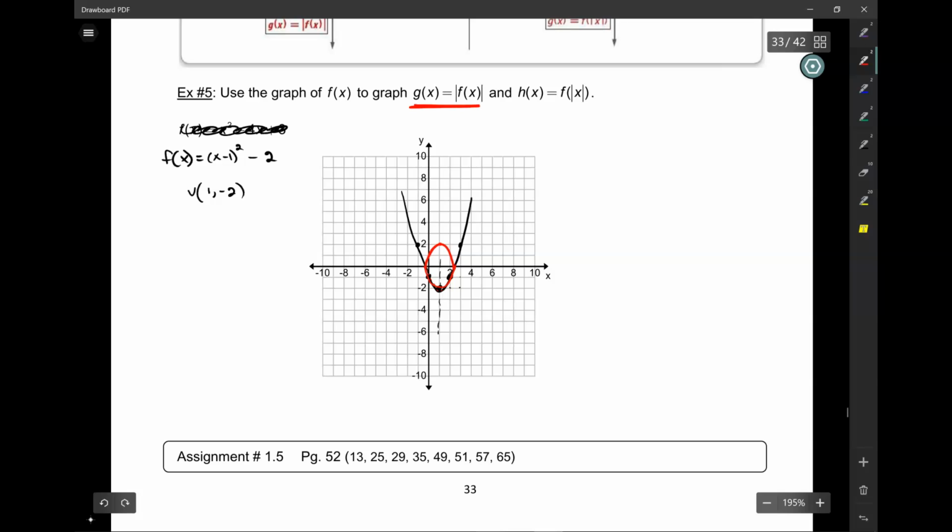So it's going to look like this. Let me erase this. All right, so that red is the absolute value of f of x.